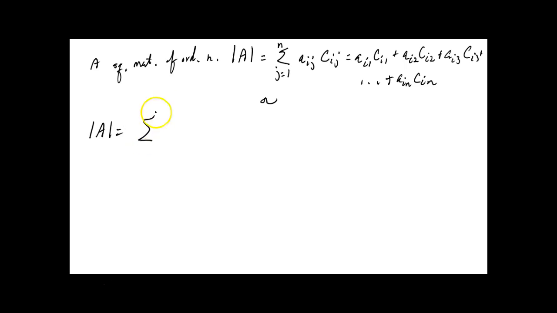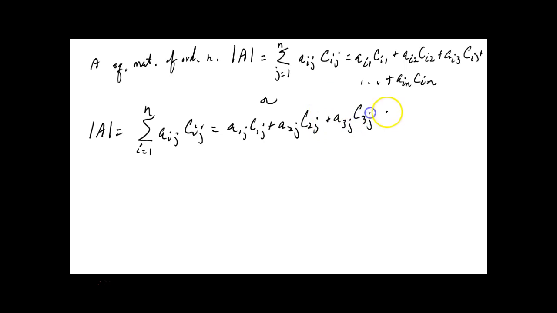And if you do the columns, then it's the sum with i going from 1 to n of a_ij C_ij, but this time the j's are fixed and you count through the i's. It would be a_1j C_1j plus a_2j C_2j plus a_3j C_3j plus dot dot dot plus a_nj C_nj.